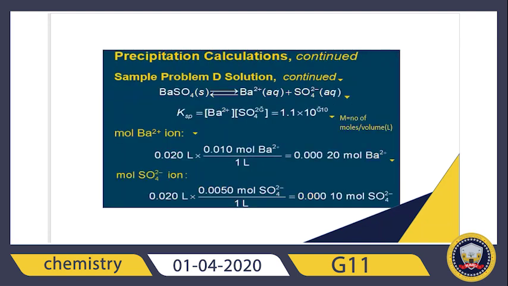Let's go back again. We need to write, first of all, the balanced equilibrium equation. Then we write the Ksp expression for this solid. We find the Ksp from the table. Then in this problem, we had the molarity of the two solutions that are mixed together.